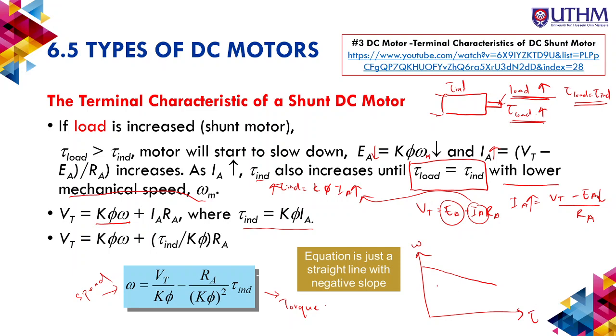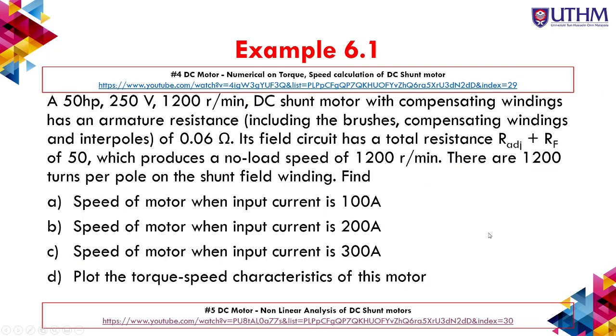The higher the torque, the lesser the speed, the slower the speed. If you want a higher speed, the lower the torque. In this example, please open this video, they will explain everything. Then I really hope that you can go to the nonlinear analysis of the DC shunt motor.